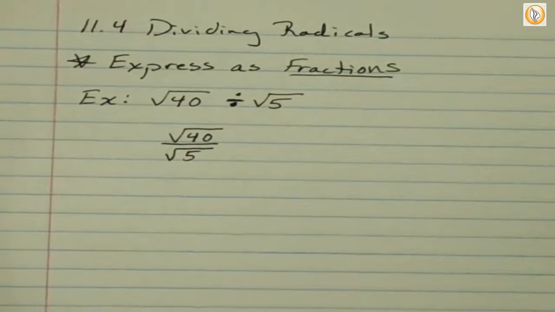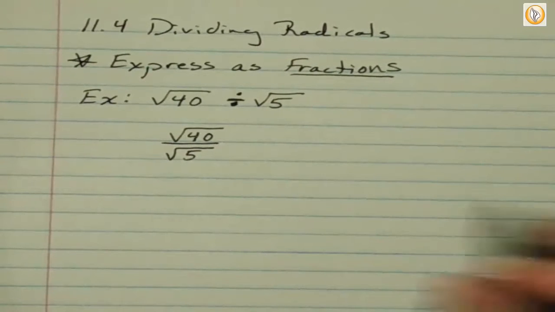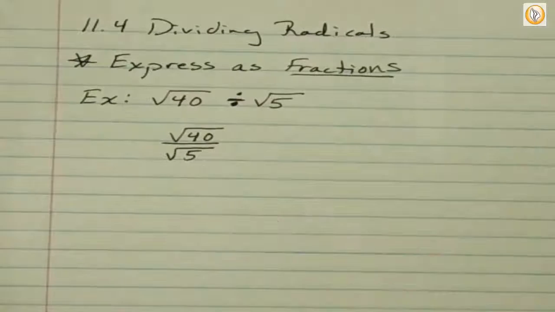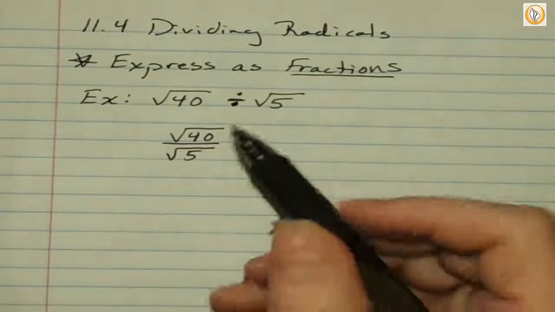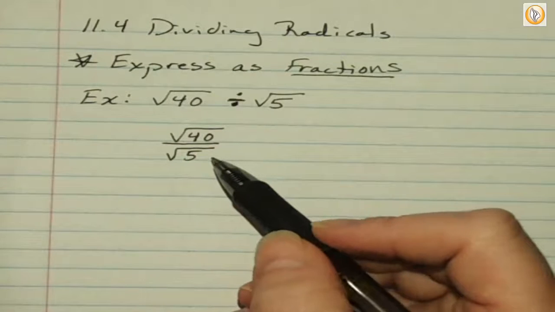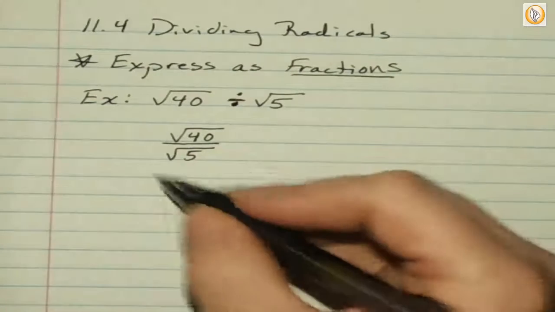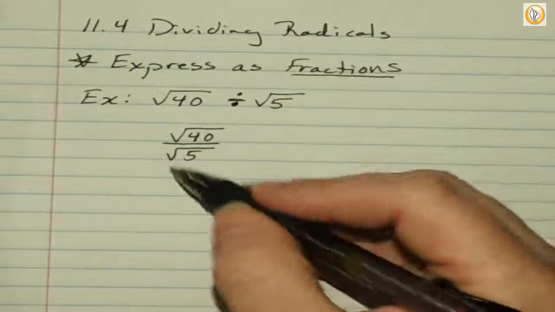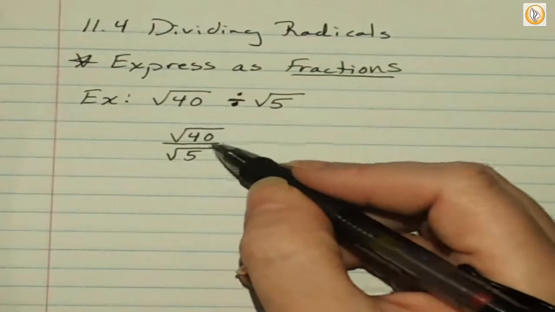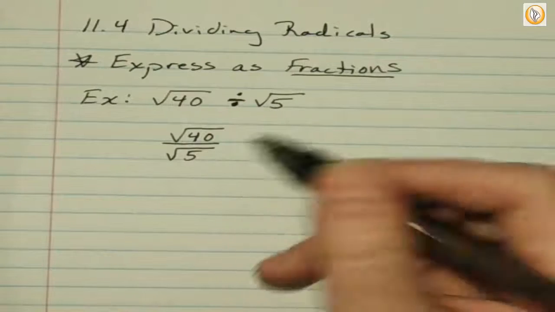Now, in this situation, are any of these perfect squares? No. This is not a perfect square, and that's not a perfect square. But what can you see? They can both be divided by 5.